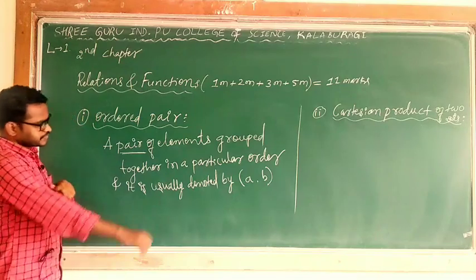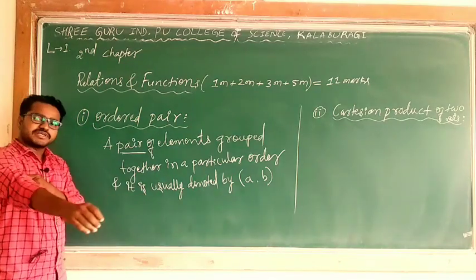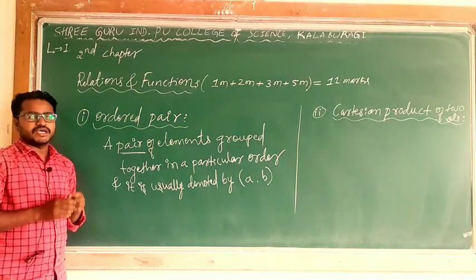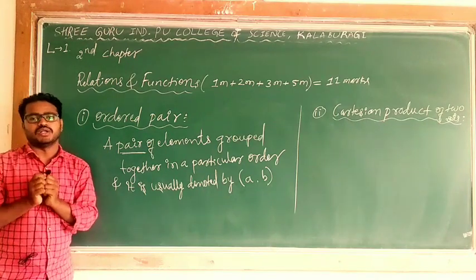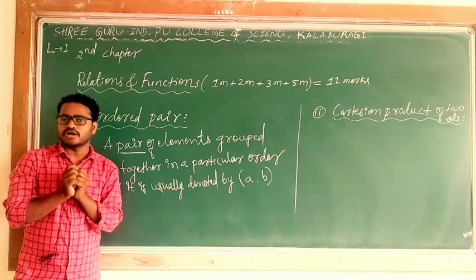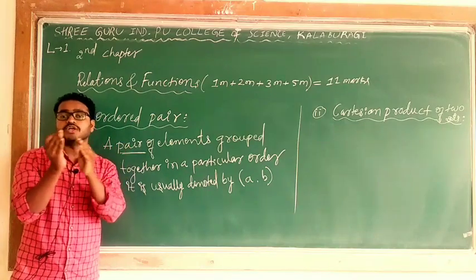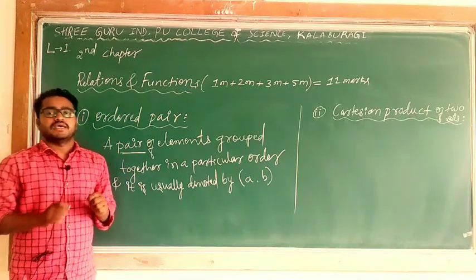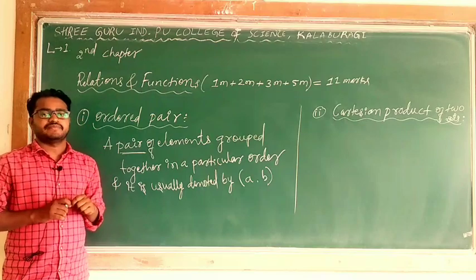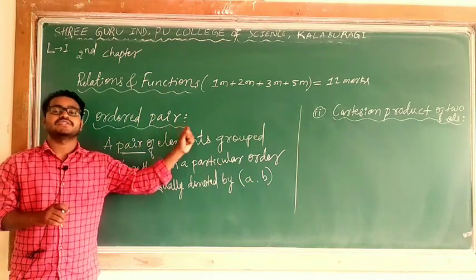Now, when are two ordered pairs equal? Two ordered pairs are equal if and only if their corresponding elements are equal.